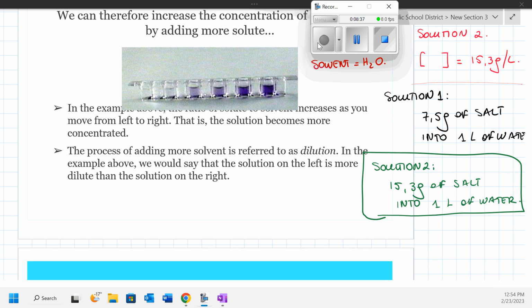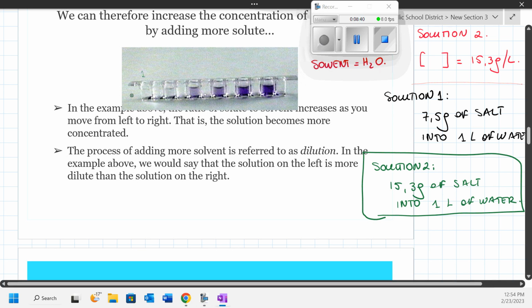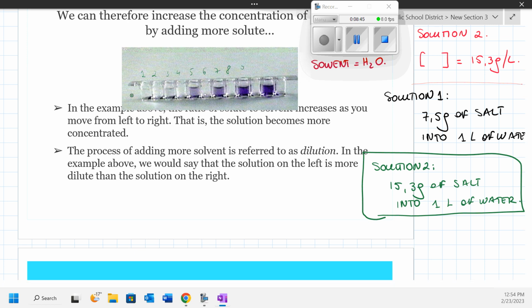So when we see this picture here, with 1, 2, 3, 4, 5, 6, 7, 8, 9, 10, 11, 12 beakers, we can say, based on the color that we see here, that the solution in the 11th beaker is the most concentrated one in comparison to the other beakers, because the solute has a color, which the more you add into the solvent, the darker the color will become.